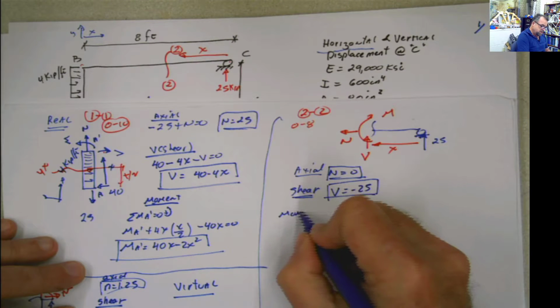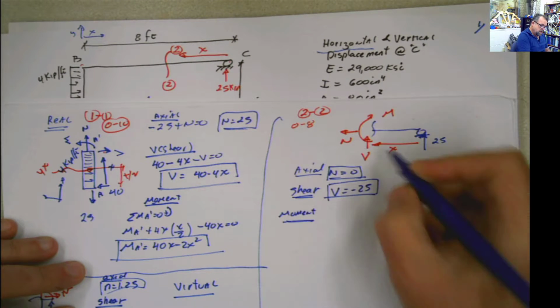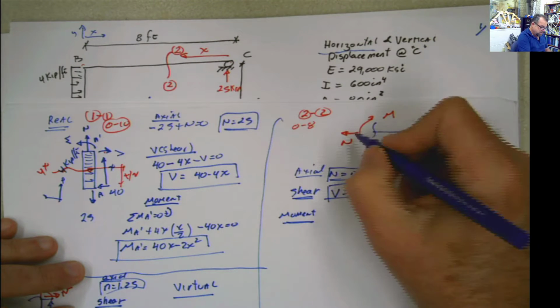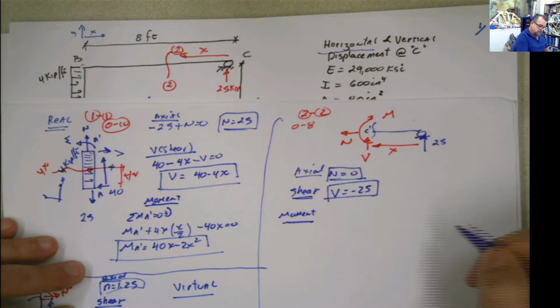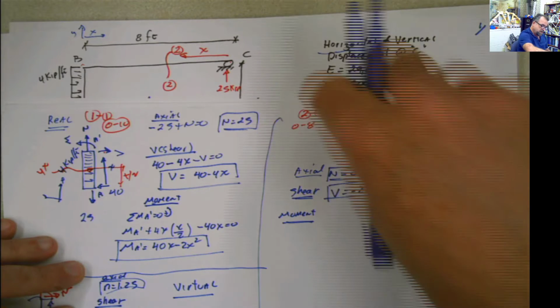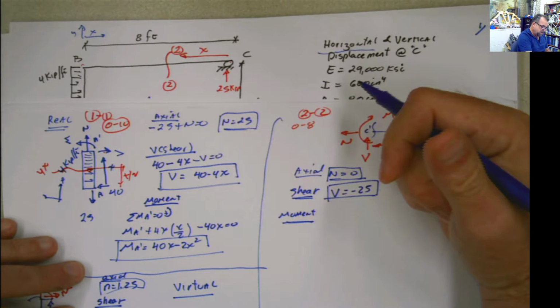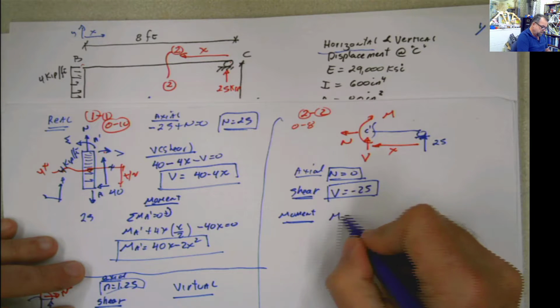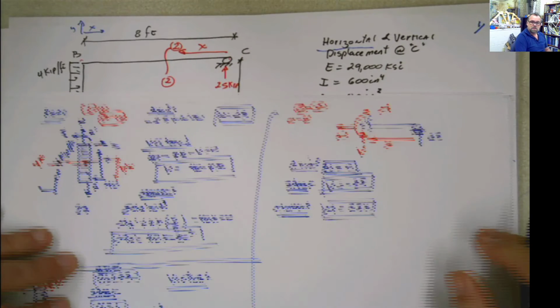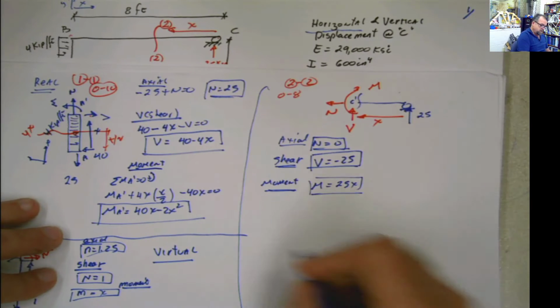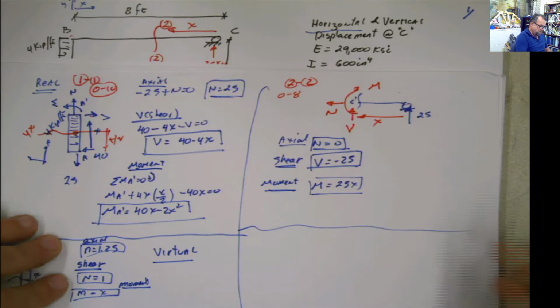Summation of moments at this point, which I'll call C prime, summation of moments at C prime, M minus 25x equals 0, M equals 25x. Done. No nonsense. Double negative, you see, no nonsense.